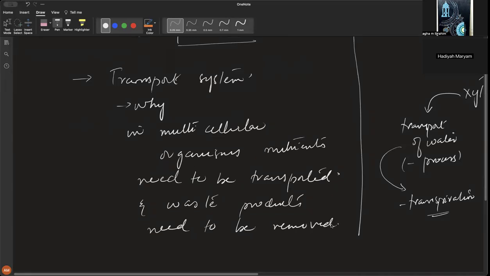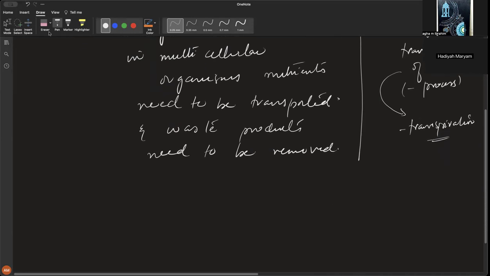In organisms, nutrients need to be transported to cells, and waste needs to be removed from cells and taken out of the body, right?